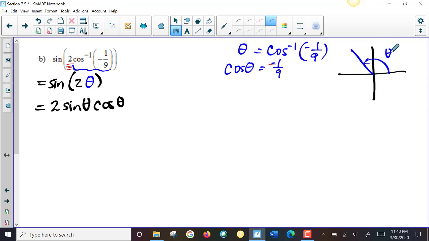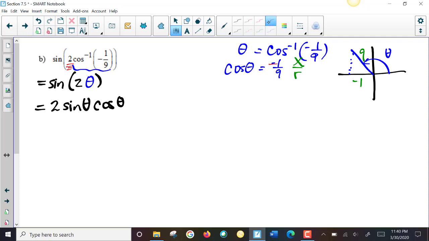And I know that cosine is x over r. So I have got x is -1 and r is 9. Okay, so here's theta. I know the cosine of theta, so I'm good.